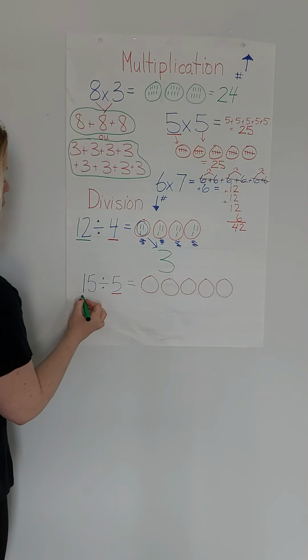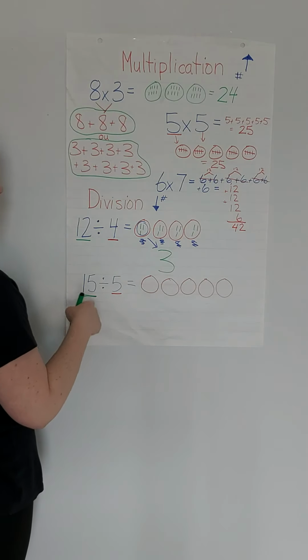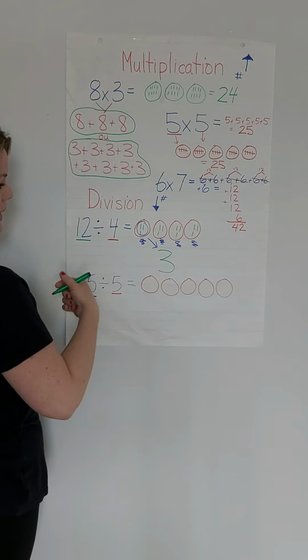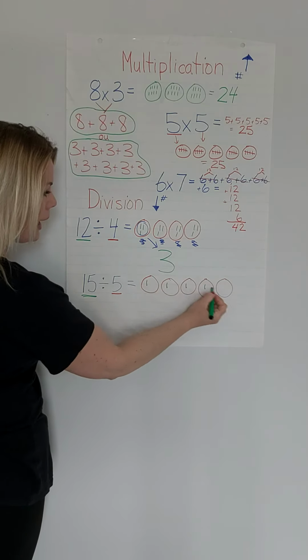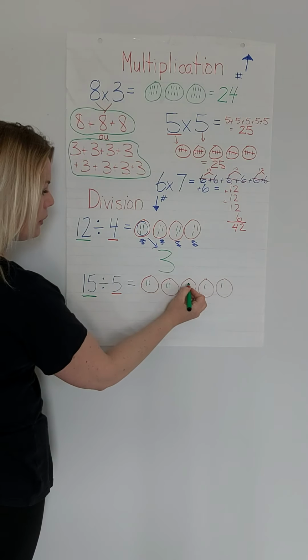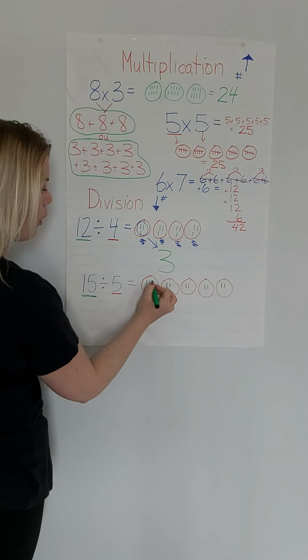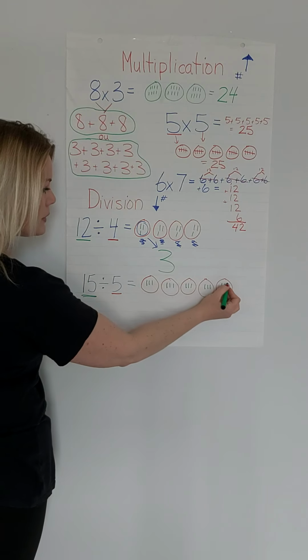Maintenant, je vais regarder le grand nombre, et je vais diviser comme les 4, ok? 15. So, 1, 2, 3, 4, 5, 6, 7, 8, 9, 10, 11, 12, 13, 14, 15.